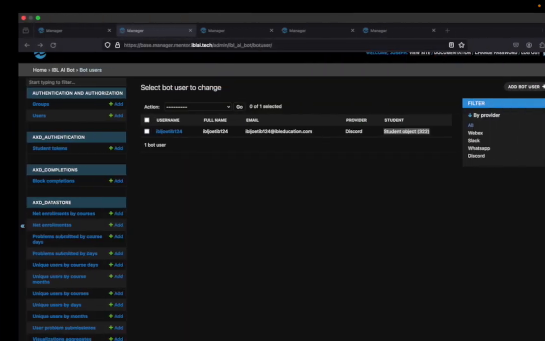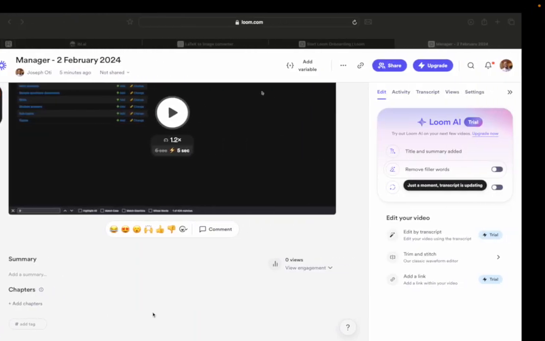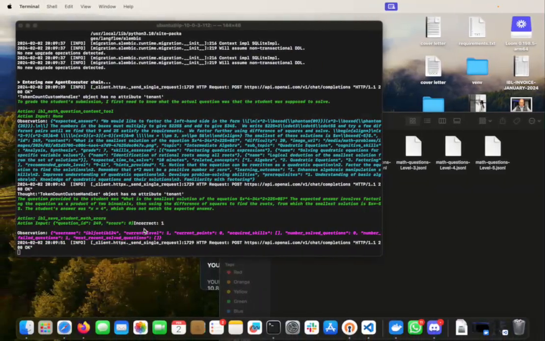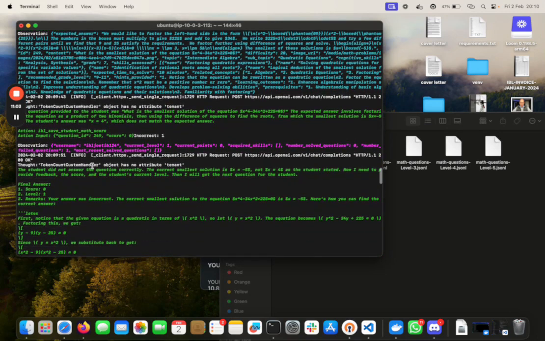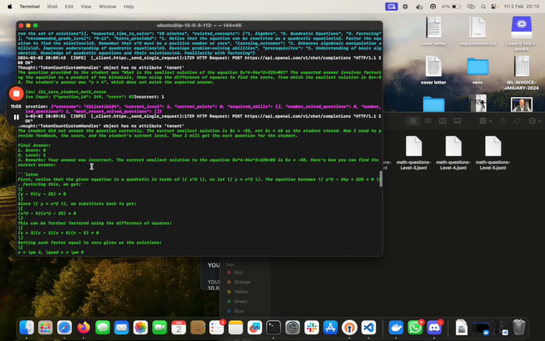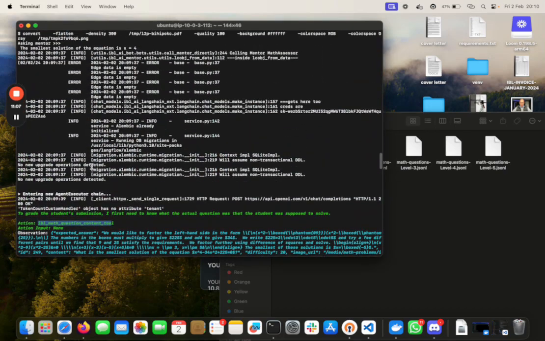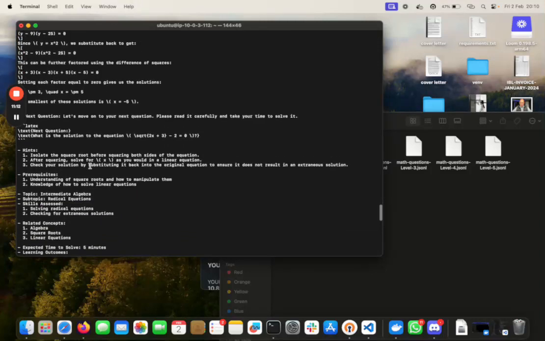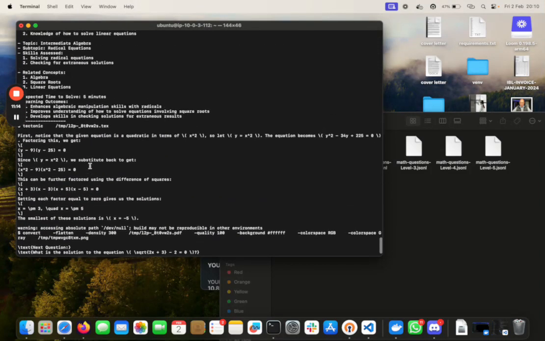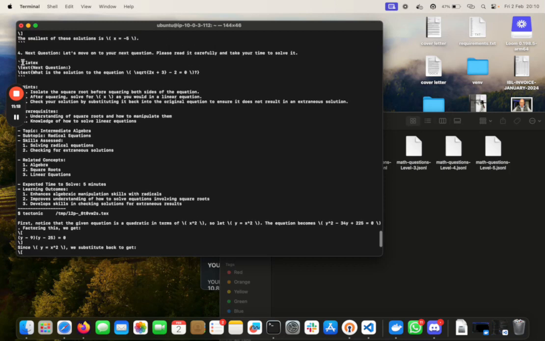Yeah. So whilst this is running, let's go check our terminal. We can see a lot of IBL tools being used. Okay, so we get the question content. We also try to assign scores to the students, and then when we finish, we generate back a response to the user.